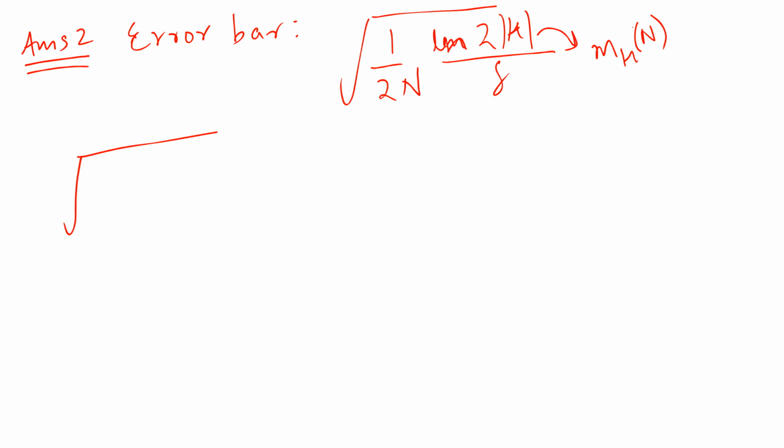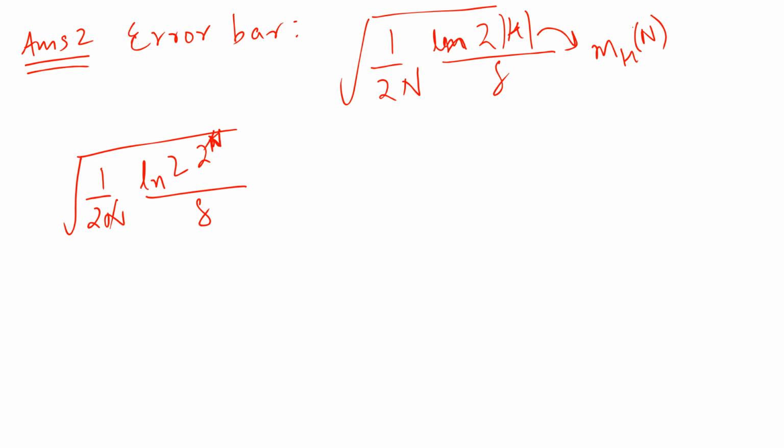Because we'll have something like 1 by 2 to the n, and then log of 2 to the n comes out, right, and gets cancelled. And the generalization error, which this error bar is representing, would not go to 0, no matter what we do, how large the data set is, because we have made it independent of n. It doesn't matter what size data set I bring. There is no valid relationship between E out and E in, because we just got rid of n.